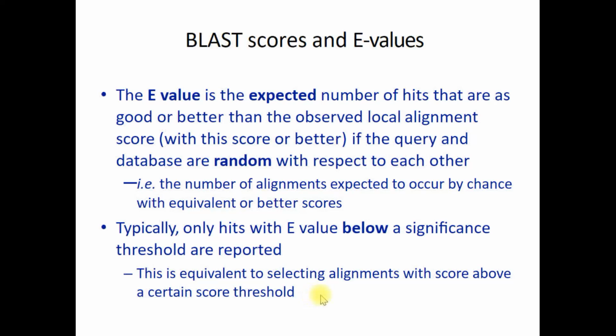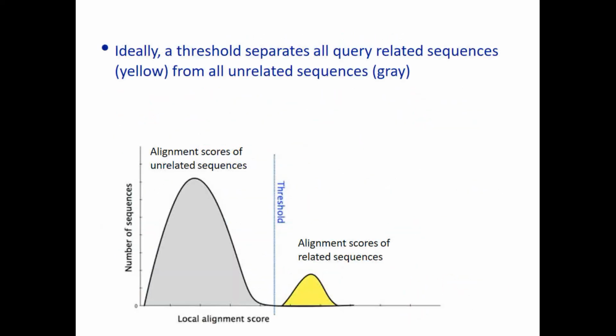This is equivalent to selecting alignments with a score above a certain threshold. Ideally, a threshold separates all query-related sequences from all query-unrelated sequences.